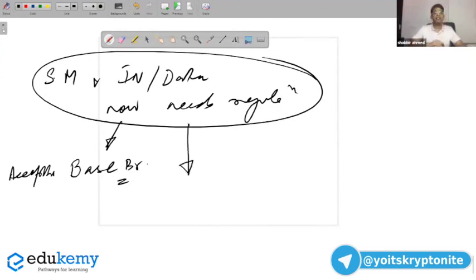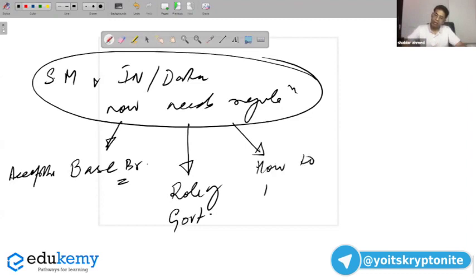The second big challenge is, there are three challenges in regulation of social media. One is, what is the acceptable base behavior? Number two, the role of government. And number three, okay, how to penalize and how to censor.